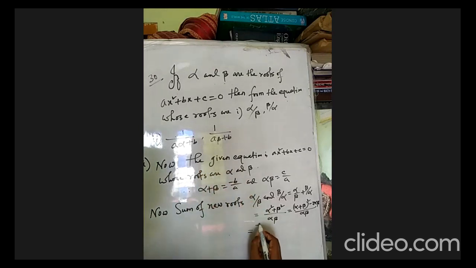Okay, (minus b by a) whole square minus 2 into c by a. Okay, then this divided by alpha into beta, c by a.